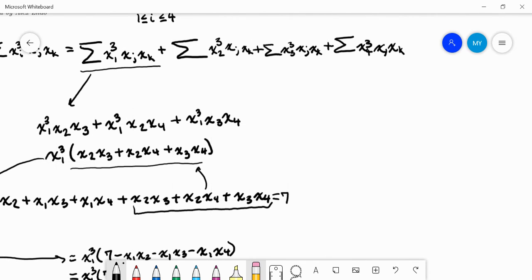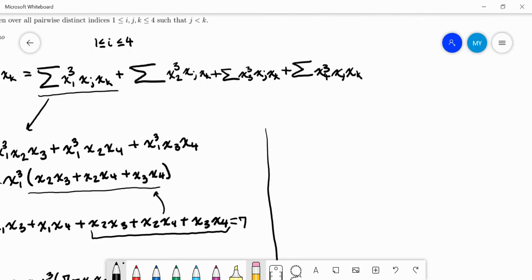And similarly, we can write the other sums in this way too. So that means this entire sum is equal to x1 to the fifth plus x2 to the 5th plus x3 to the 5th plus x4 to the 5th, right?